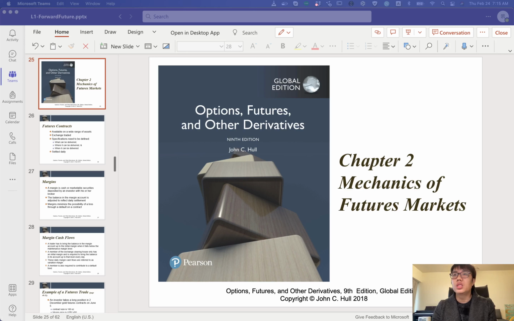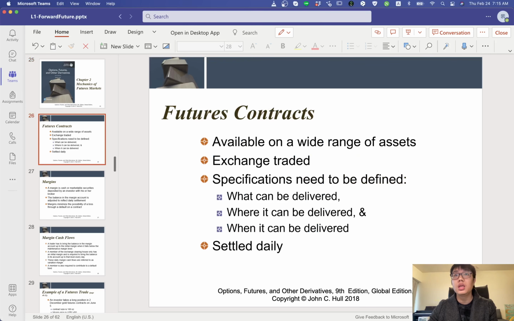But the OTC market is more likely to be customized, depending on the requirements of the customer. Normally in the futures market, the exchange will have some requirements to protect the investor. One of the key things to remember here, and I will make a slide to introduce it, is the futures contract.